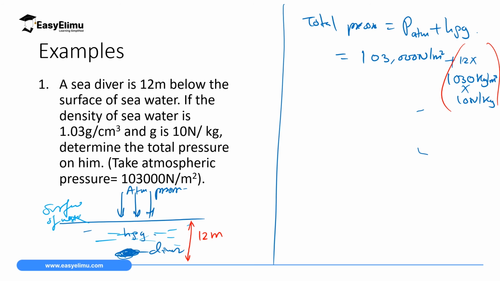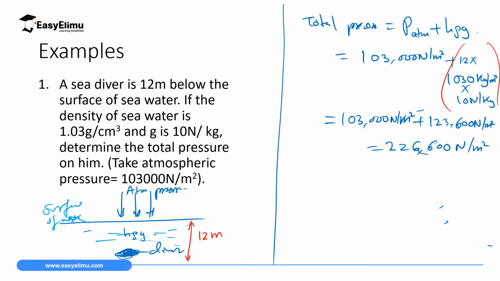Then now to solve this one, total pressure will be equal to 103,000 newtons per square meter plus 123,600 newtons per square meter, which is going to give us a total of 226,600 newtons per square meter.